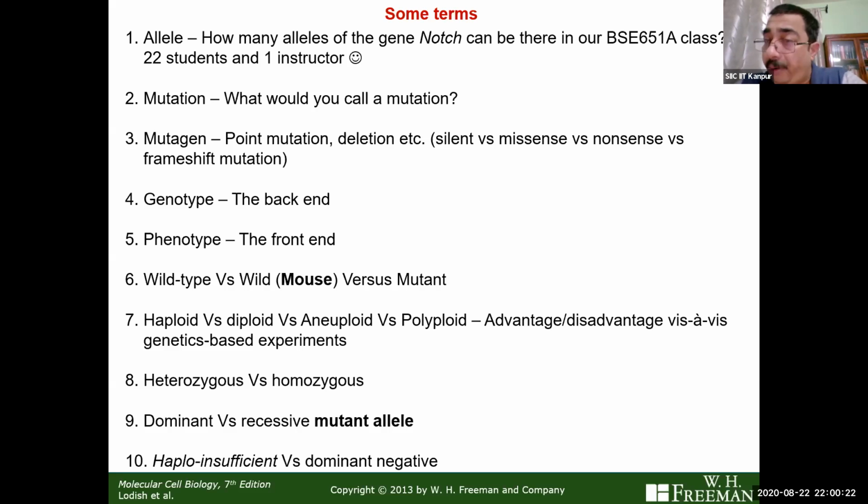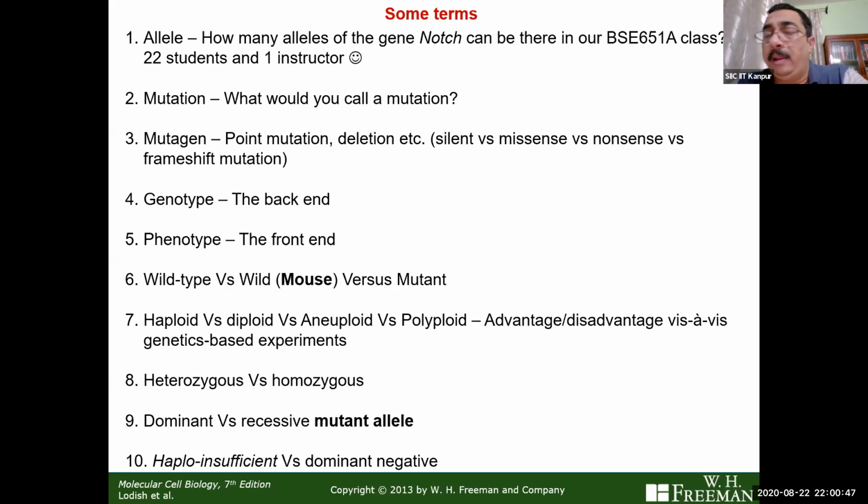So there are two different alleles, and one of the alleles is dominating the outcome. That's why it is a dominant allele. Let me repeat again. If there are two different alleles, and one of them dominates, what will the outcome be?